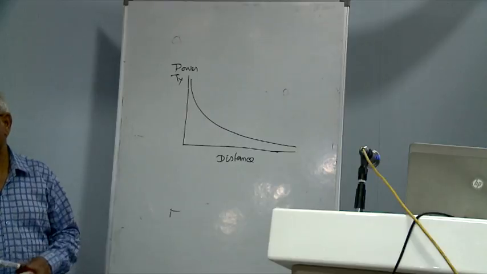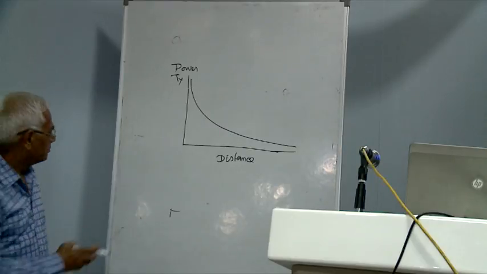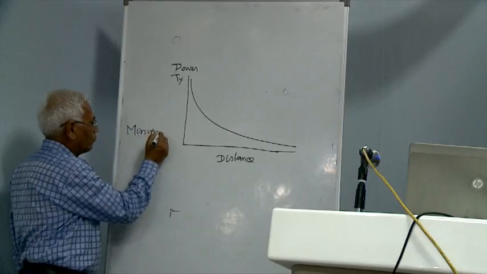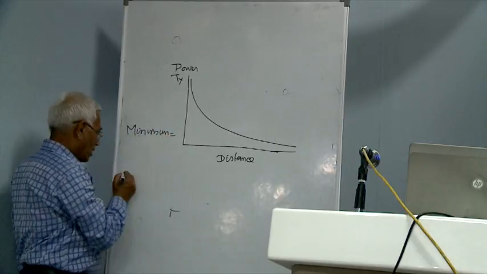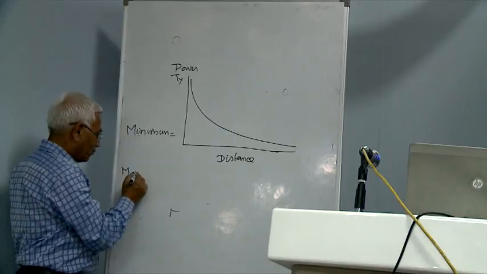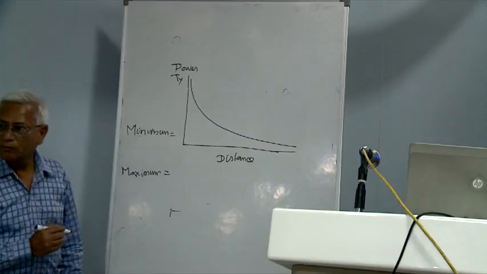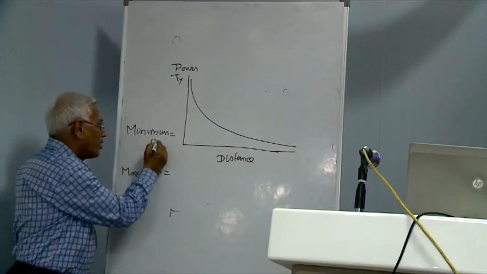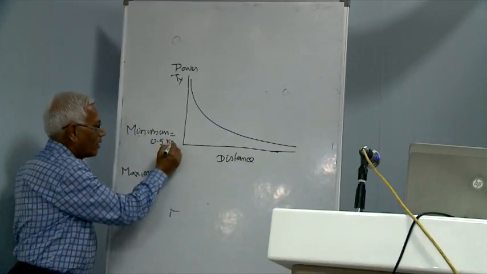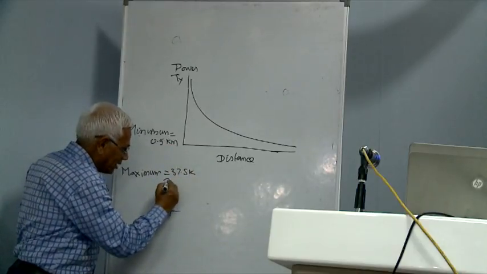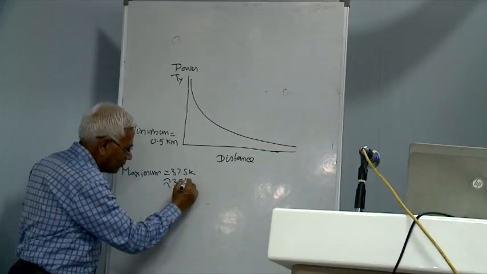What is the maximum size of the cell? Minimum is 0.5 kilometer and maximum is 37.5 kilometer, and generally we say 35 kilometer.